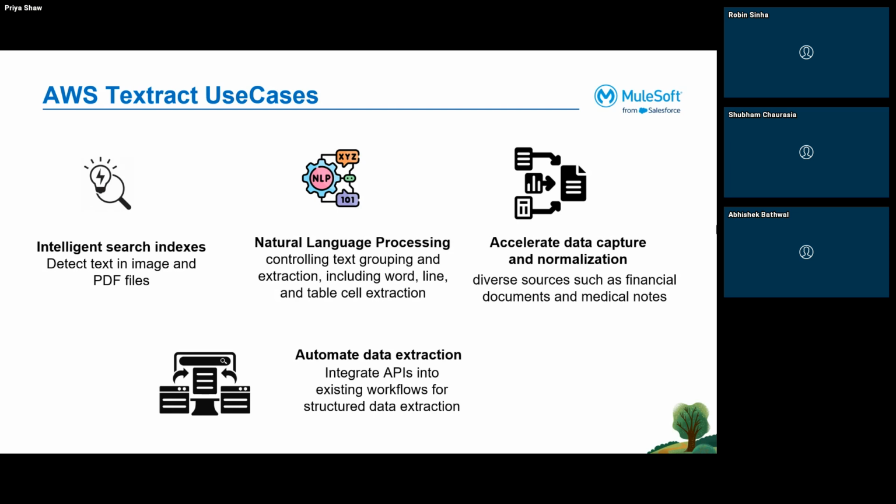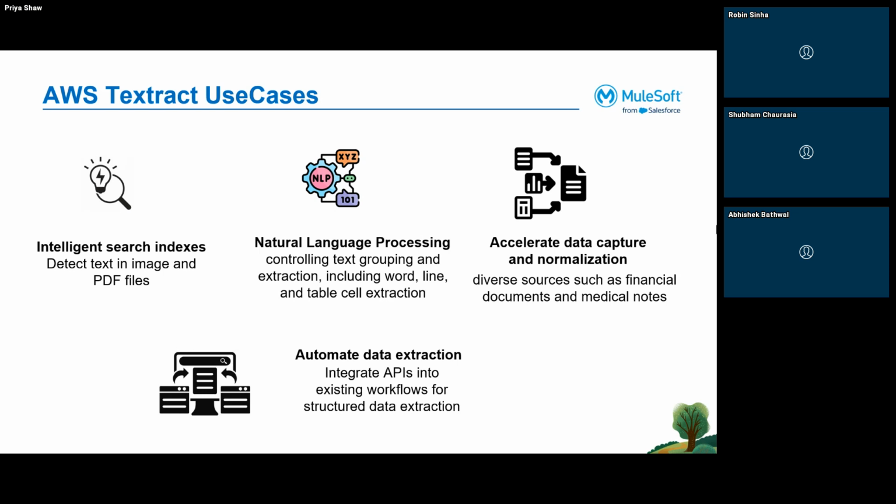You can also accelerate your data capture and normalization, which means if you have a lot of varieties of data like financial documents and medical documents, you can extract the necessary information and normalize it to a human-needed format.